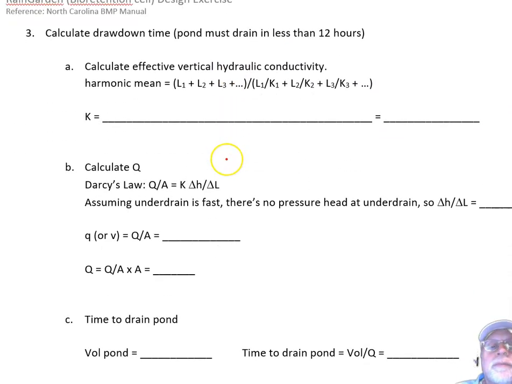All right, so let's calculate the time it takes to draw down. So this one, the pond must drain in less than 12 hours. We want to know how fast it's going. So I'm going to use something called the harmonic mean, which at one point in my life I thought I invented, but it's been around for thousands of years. The harmonic mean is used for things in series.